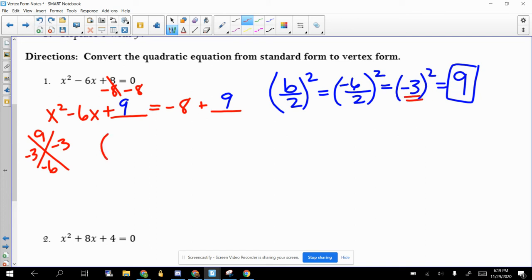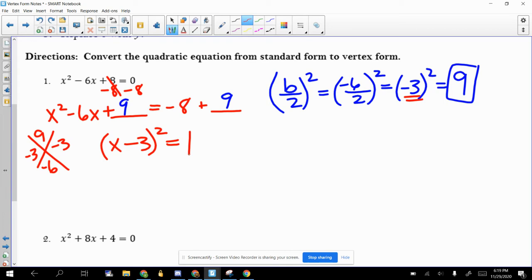And so we're going to write that as x minus 3 squared. And then on this side here, we are going to just combine like terms or simplify. And that is going to be a negative 8 plus 9 is going to be a positive 1.